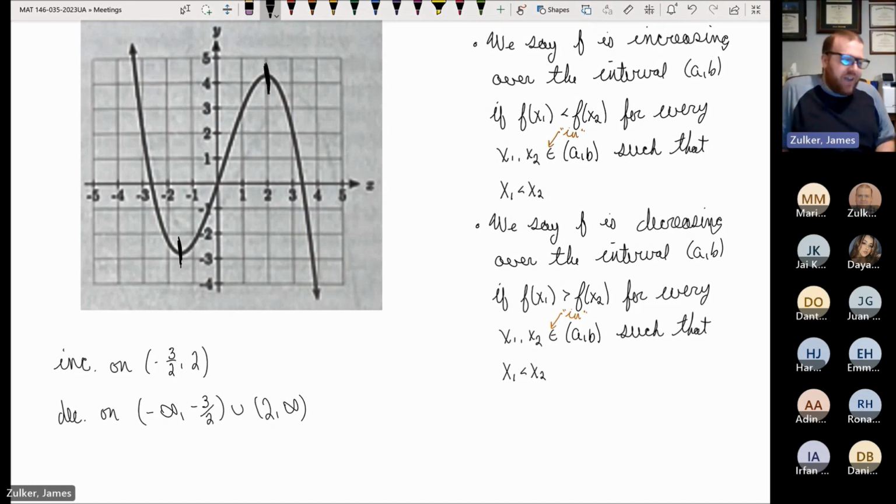By the way, it is possible for a graph to be neither increasing nor decreasing on an interval, right?